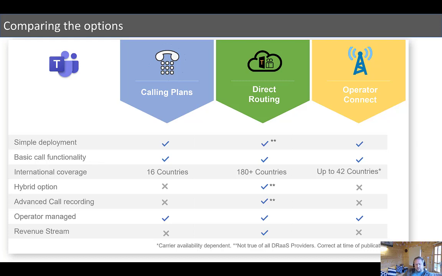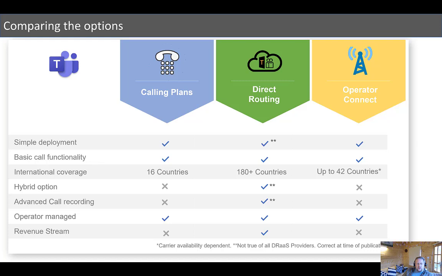Again, however, the reason I put the tick in direct routing is because of the flexibility of direct routing and the fact that the direct routing providers have the ability to control the SBCs and the managed infrastructure that sits around them. These kinds of functionalities should be easy to replicate outside of the Microsoft Teams Admin Center. So it is capable of doing them, just perhaps not quite in the same tightly integrated way as the calling plans or Operator Connect will have.